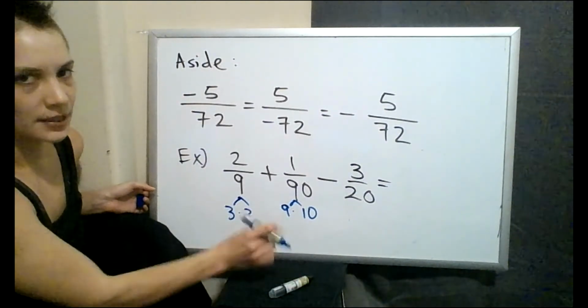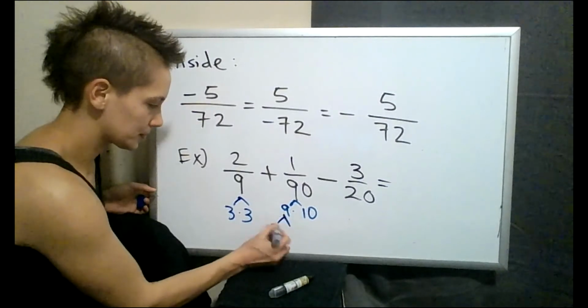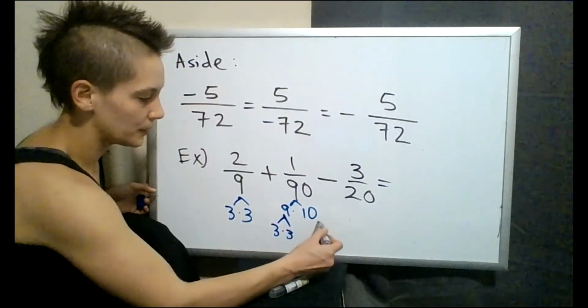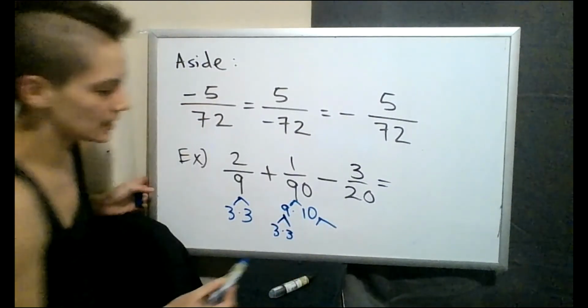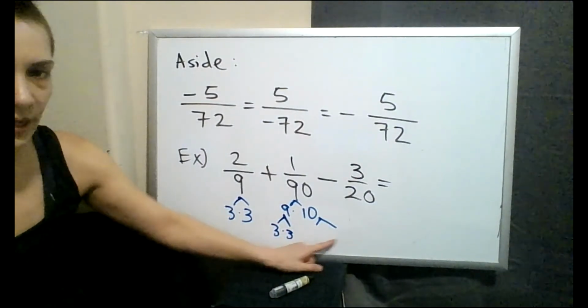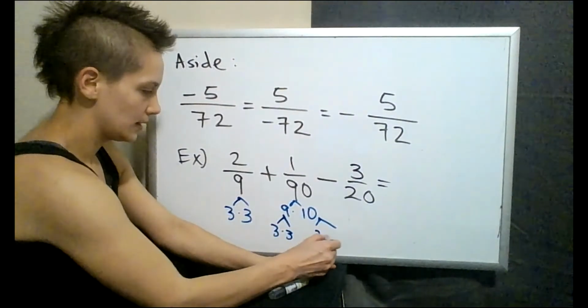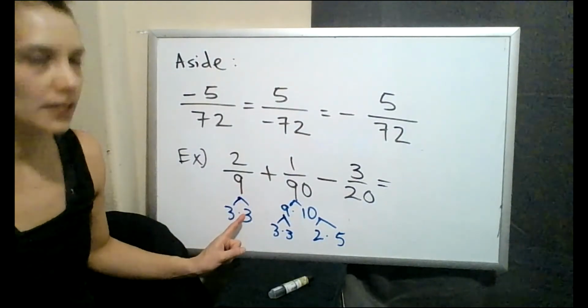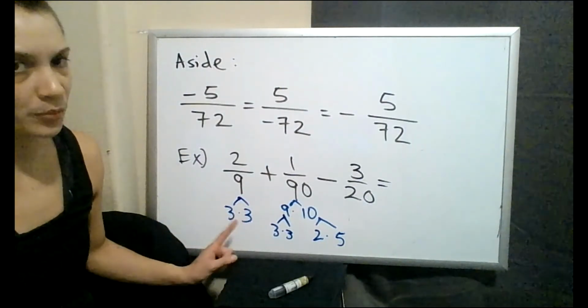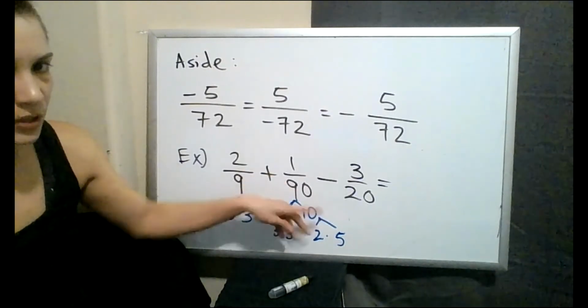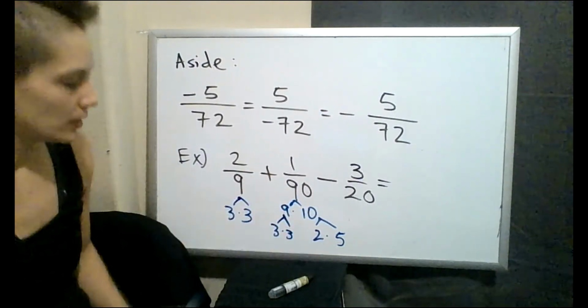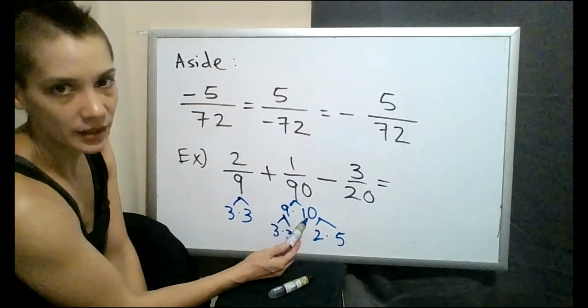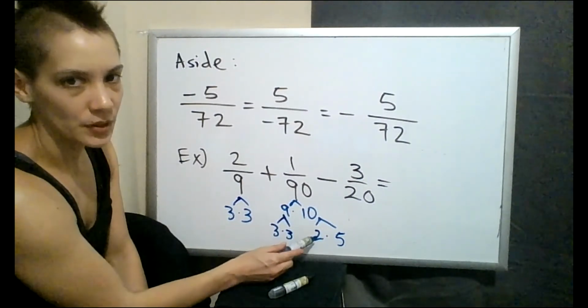So 9 factors into 3 times 3, and this 10 factors into 2 times 5. Just a reminder that when you have a factor tree, you're only looking at the very bottom of the branches. So at the very bottom of the tree are the factors. We're not looking at 9 or 10 anymore, just 3 times 3 times 2 times 5.